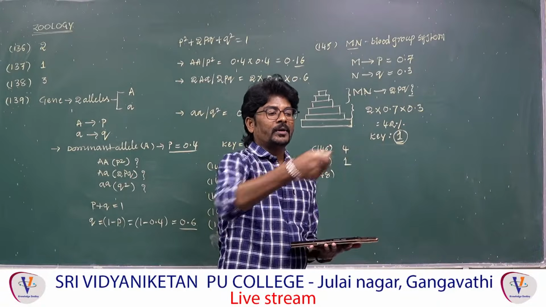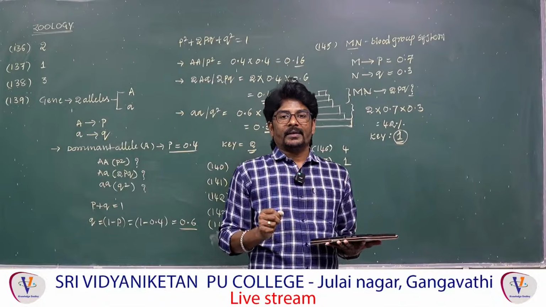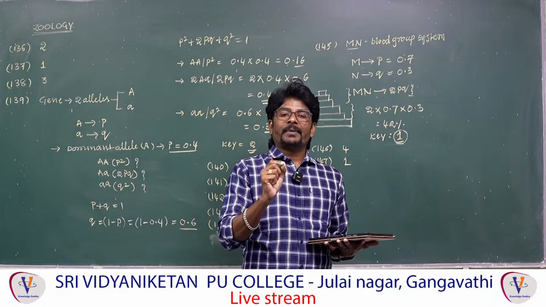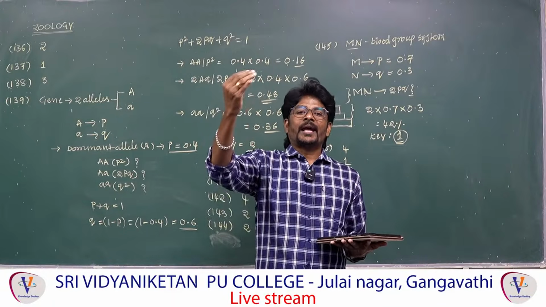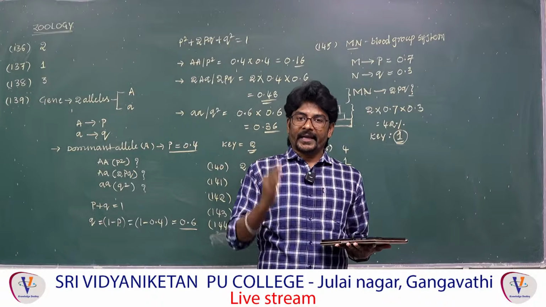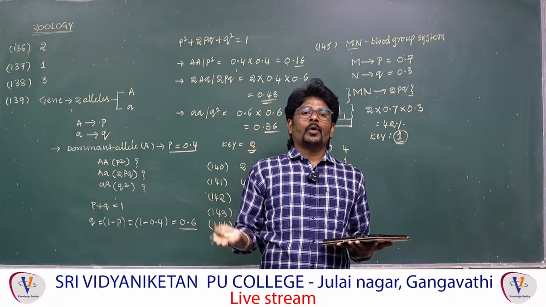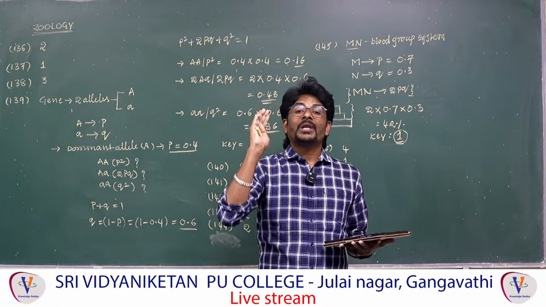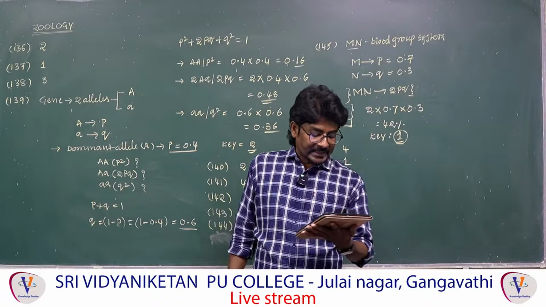So one trap equals 10, total required traps are 200, 10 into 200, that will be the relative approximate density. Correct answer.